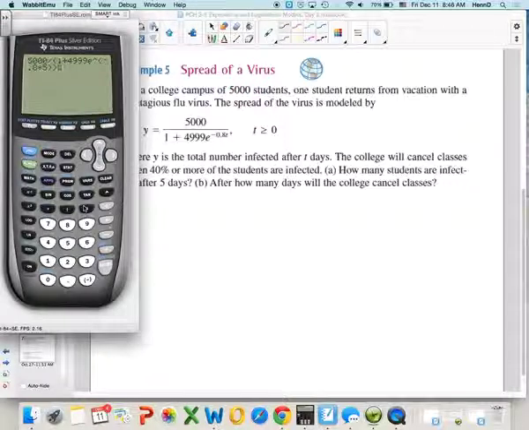You should have parentheses around the 1 plus 4999 e to the negative 0.8t. You got 54? Yeah, there we go, 54. If we plug in 5, there are 54 people sick. That's kind of disconcerting. One person gets sick, and after 5 days, if they're really contagious, we could have 54 people sick.